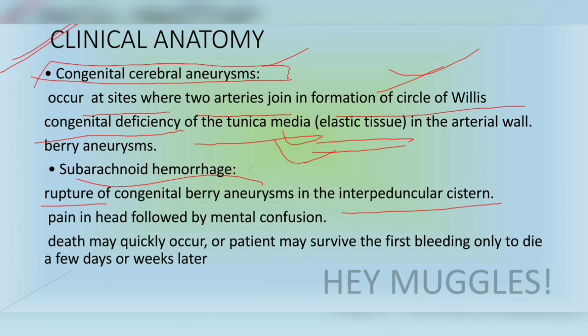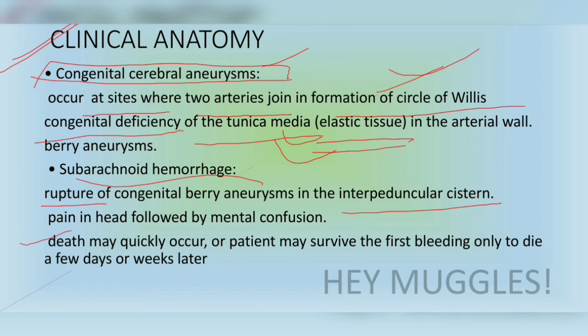So subarachnoid hemorrhage commonly results from rupture of these congenital berry aneurysms in the interpeduncular cistern, right? And the patient suffers with severe pain in the head and then mental confusion, right?